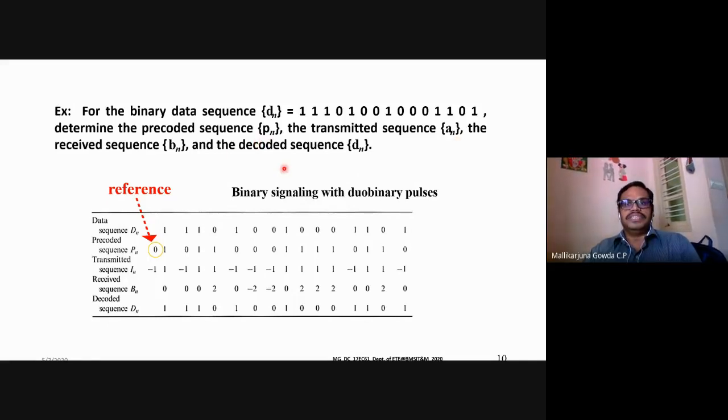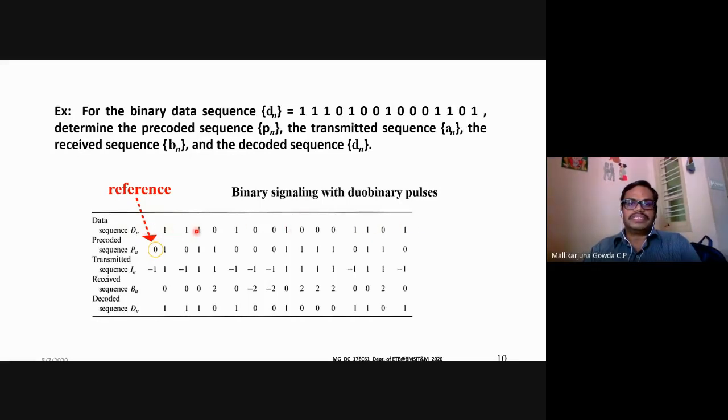Similarly, the decoded sequence also D suffix M, and here I have taken D suffix N. Similarly, the received sequence B suffix M, so it is B suffix N. So don't be confused with this notation, okay? So all formulas, everything remains same, and even taken from the reference, right? So here I have written the data sequence. It should be small d suffix n. So first I wrote the data sequence.